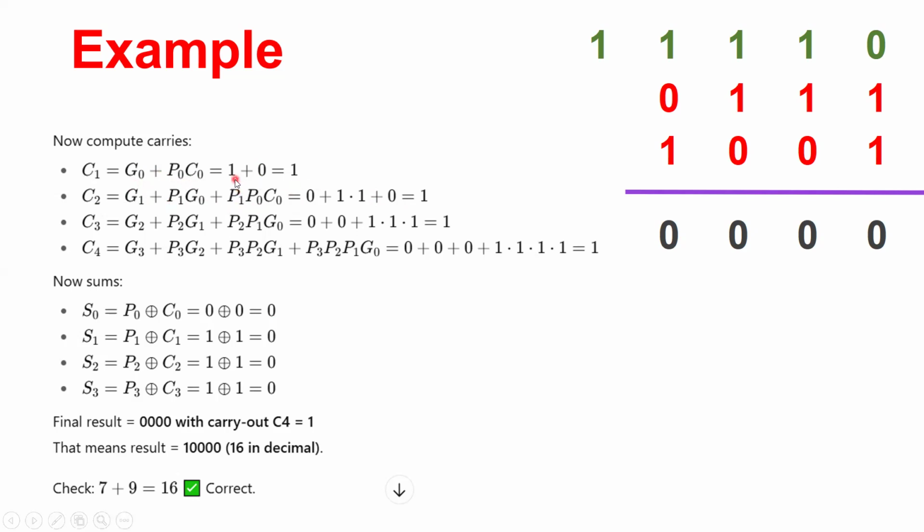So put those values in: C1 becomes 1, then C2 is 1, and C3 is 1, C4 is 1.